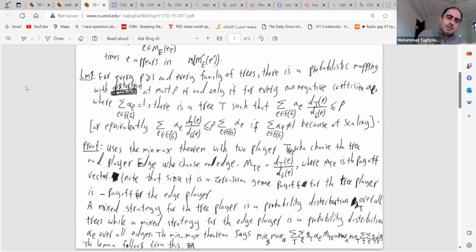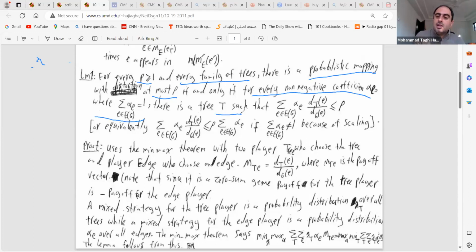This is the type of thing: for any p greater than 1 and every family of trees, there is a probabilistic mapping with distortion at most p if and only if for every non-negative coefficient α_e, with the sum of the α_e equal to 1, there is a tree T such that the sum of α_e times d_T(e) over d_G(e), this is distance one, is at most p.